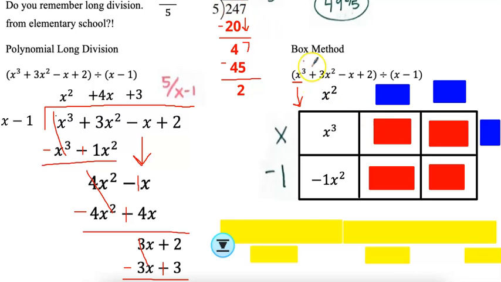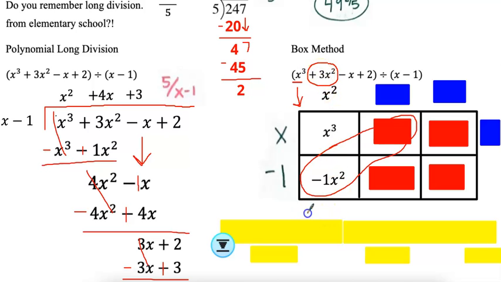Now, I need my x squared terms to be a positive 3x squared. However, I have a negative 1x squared. So I need to put something in this box so that my diagonals will match up to give you a positive 3.